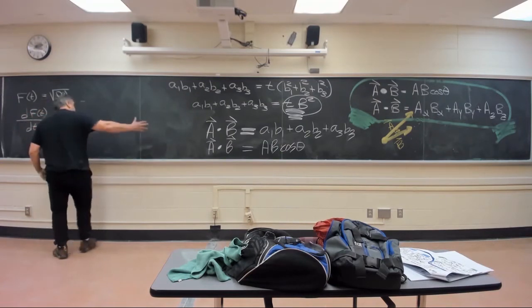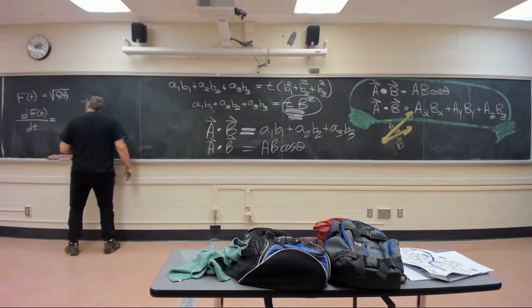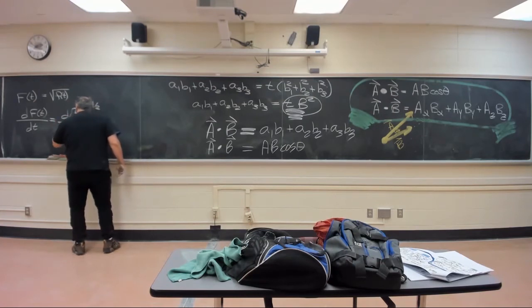There is a lot of foundation to this already, but when you actually do this, you're getting the derivative of f of t, the whole thing taken to the 1/2, with respect to t.